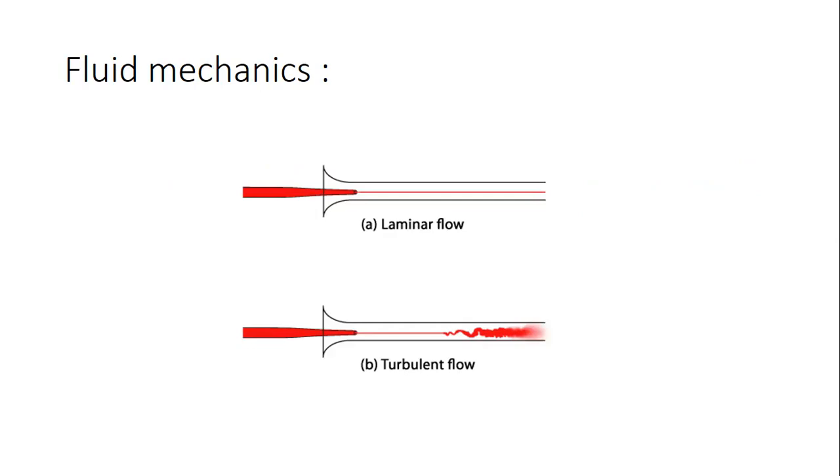In laminar flow, the fluid will flow in a definite path without any deviation. So it moves in a straight line path. Whereas in turbulent flow, the fluid flow is irregular and non-uniform in nature. It will flow in zigzag, different directions.